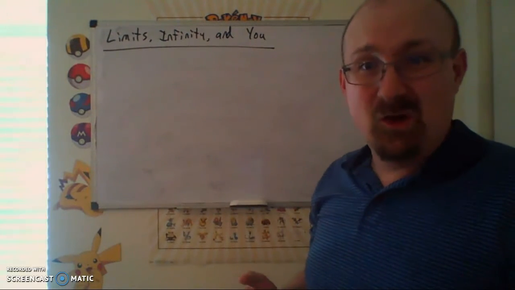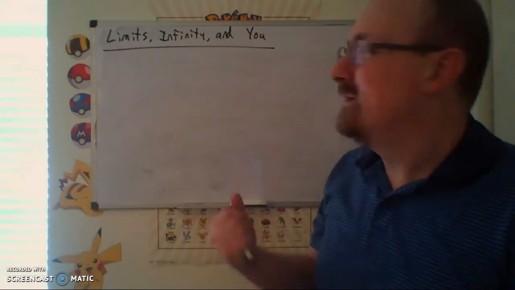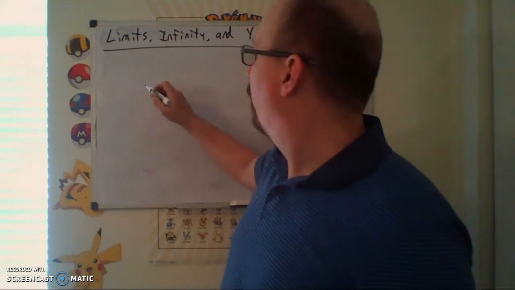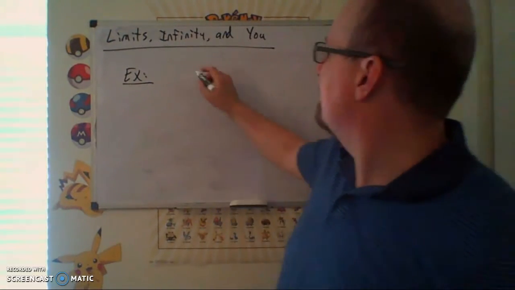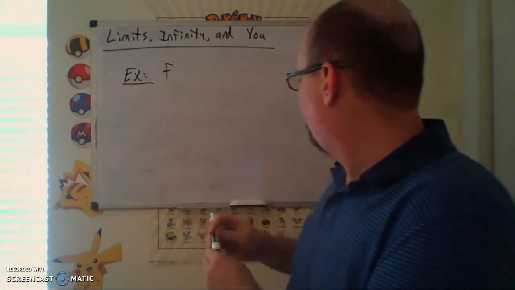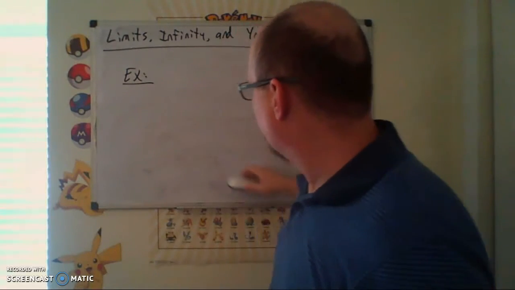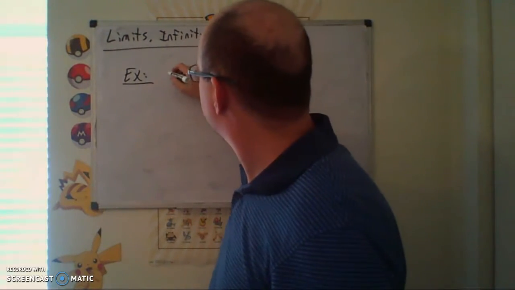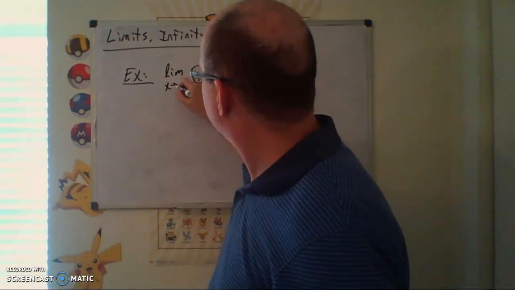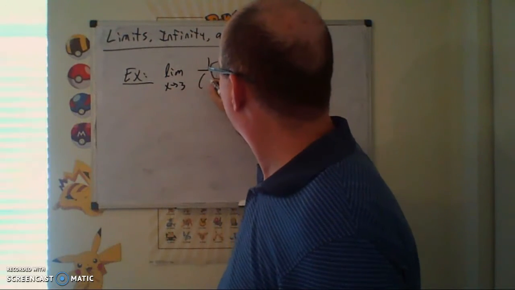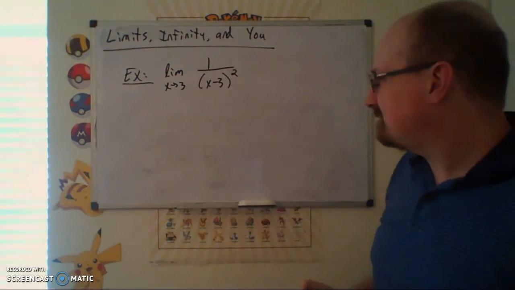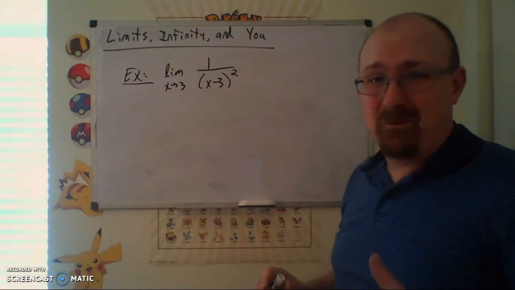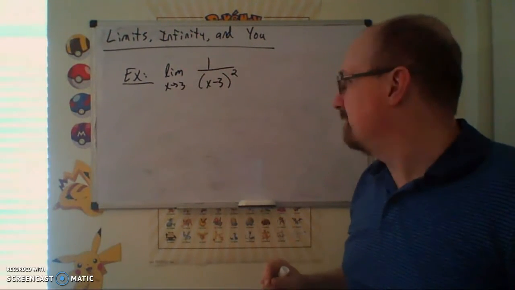But now I want to take a look at some of those examples as we roll through this handout. We start with actually evaluating some limits. The limit as x approaches 3 of 1 over (x minus 3) quantity squared. I'm not going to be digging in really precisely here.